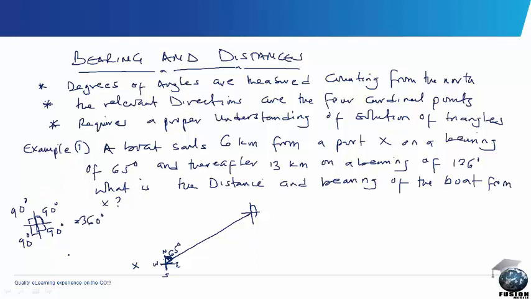Why we are doing this is because when we want to locate points on a bearing, this illustration will help you understand better. The movement of the boat crosses 90 because it is 136 degrees, and 136 degrees falls in the second part, the southeast.